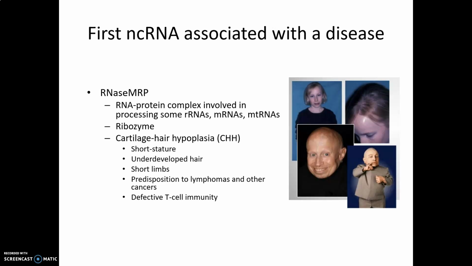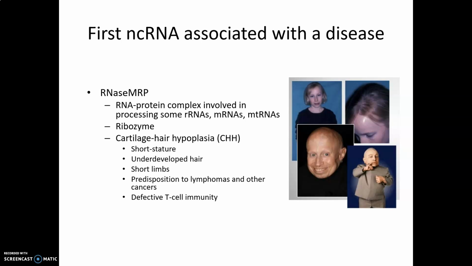Okay, so now let's switch gears slightly to revisit those non-coding RNAs, because they too have been associated with human diseases. So the first one was this RNase MRP. Now this is an RNA protein complex involved in processing rRNAs, mRNAs, and mitochondrial RNAs. It's a ribozyme, and it's associated with the disease called cartilage hair hypoplasia.